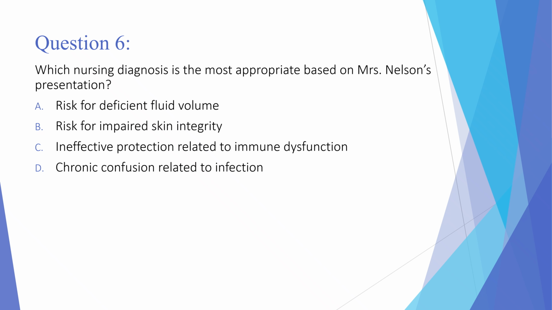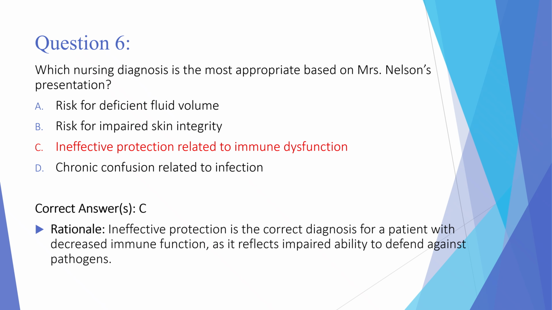Risk for deficient fluid volume, risk for impaired skin integrity, ineffective protection related to immune dysfunction, chronic confusion related to infection. We talked about this in the quiz. Ineffective protection related to immune dysfunction is correct because our patient has decreased immune function, as it reflects impaired ability to defend against pathogens.